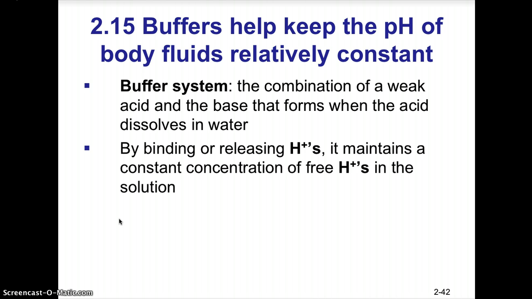So buffers will help keep that balance. By binding or releasing hydrogen ions, it maintains that constant concentration of free hydrogen ions in the solution. That's a buffer system. And that's how the ocean buffer system works with calcium carbonate organisms, and when you talk about ocean acidification.